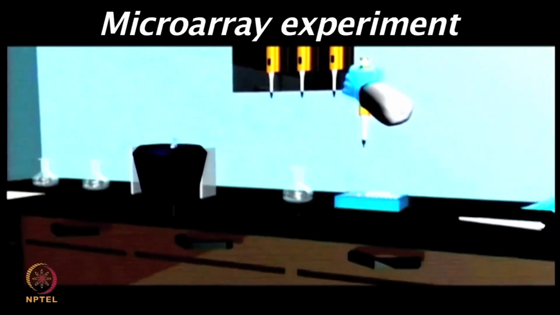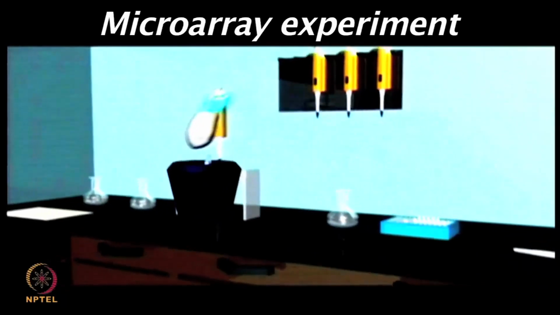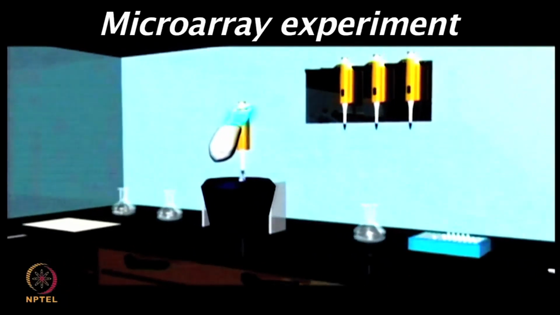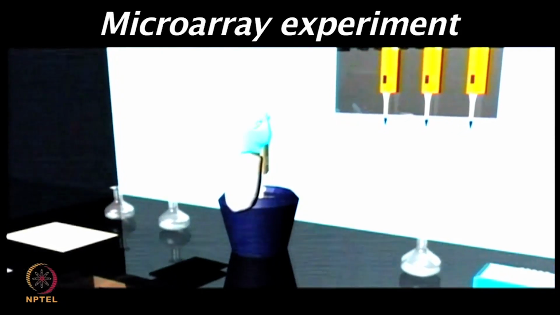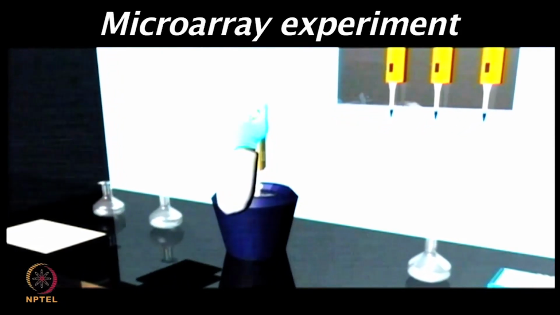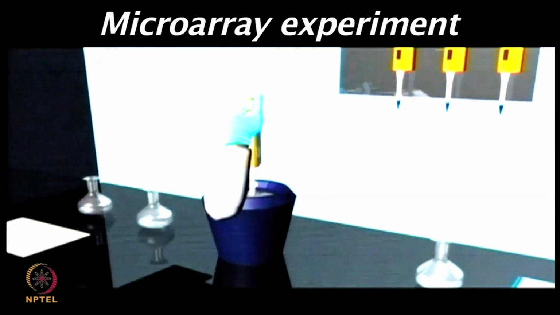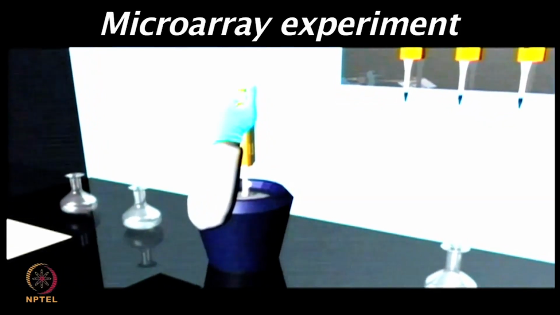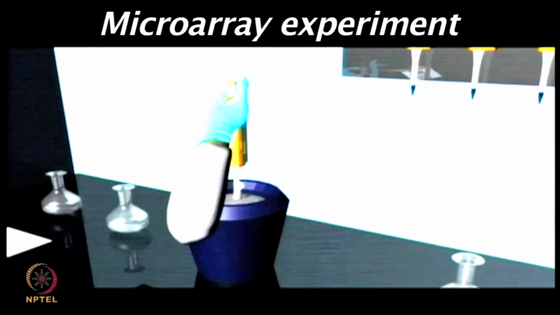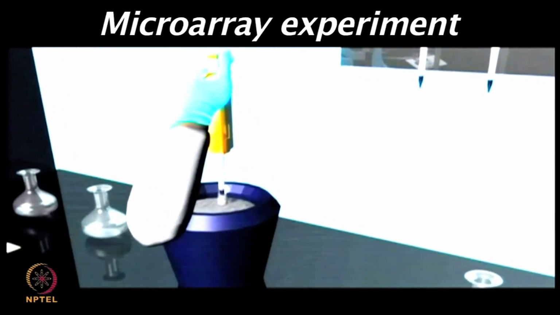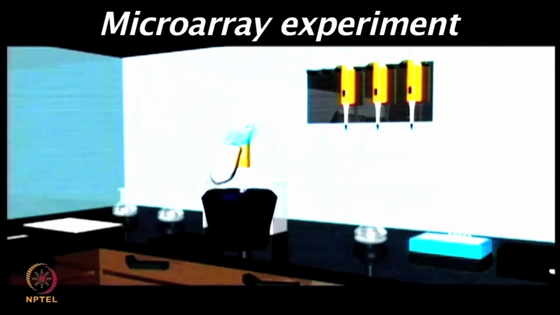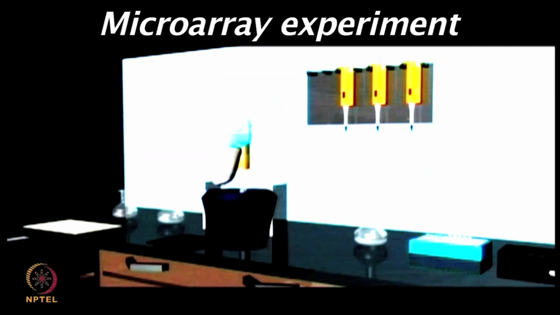So, now once the blocking is completed, one can apply the primary antibody. As I mentioned, it can be a primary antibody or it can be serum if you are looking for the immune response detection. Now, one needs to ensure the right dilution, because most of the time the serum gives very high background on the chip surface.